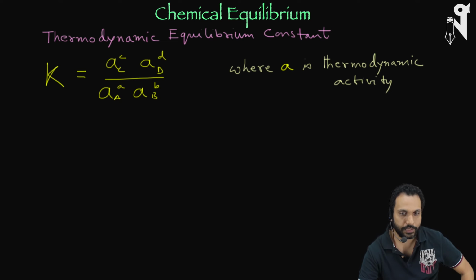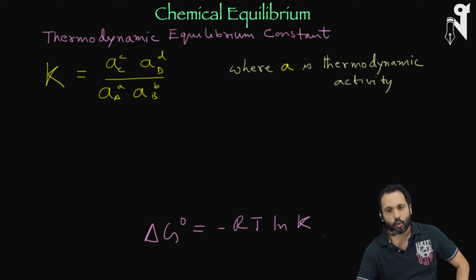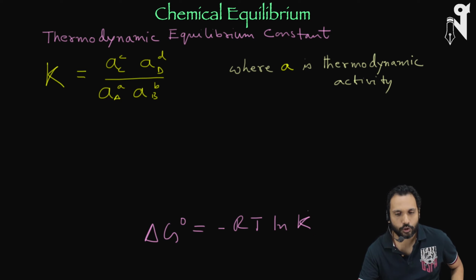So that again you need to know, because K is going to figure in the formula of your Gibbs free energy as minus RT ln K. So what is this K? This K needs to be a unitless quantity because it is in a log, and yes, K is unitless.